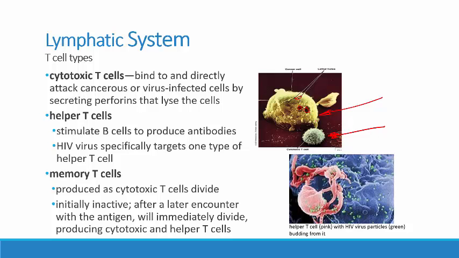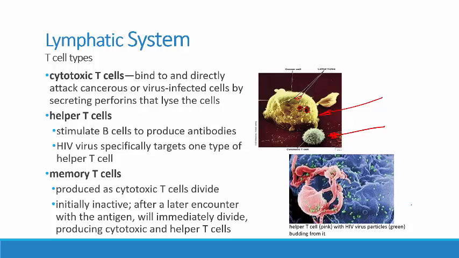If they later, after this event is over, encounter that same antigen again, then they will divide immediately and produce cytotoxic T cells and helper T cells that will then be involved in fighting that infection that has reoccurred.